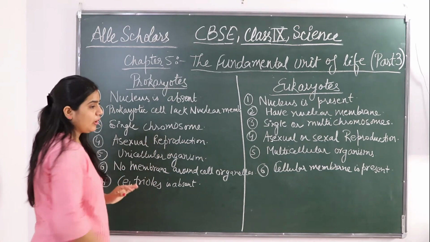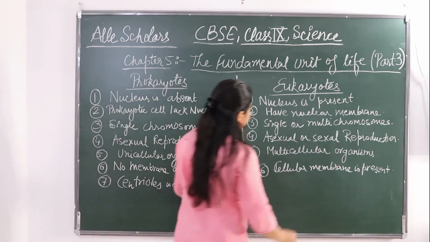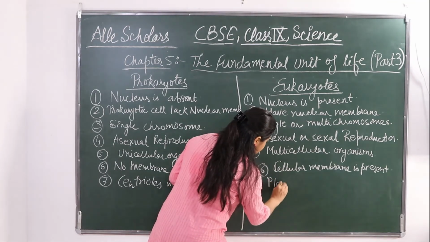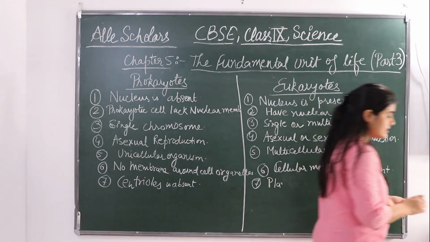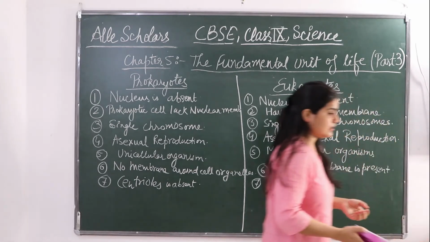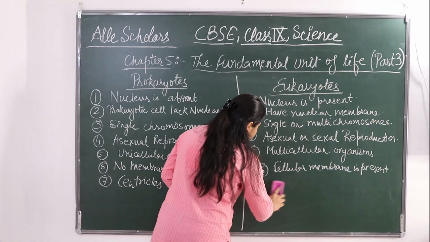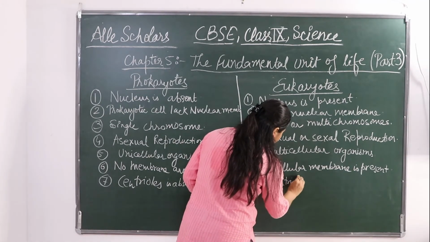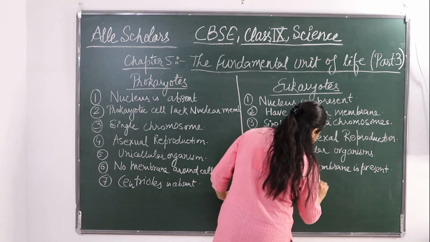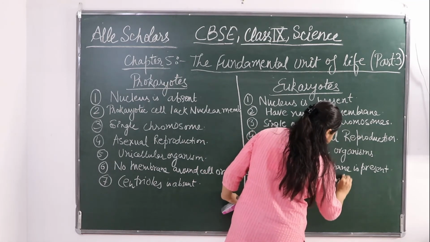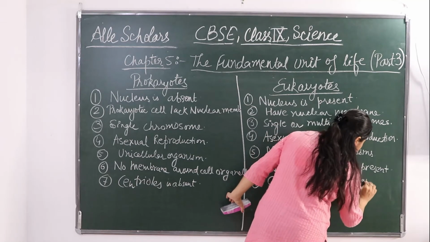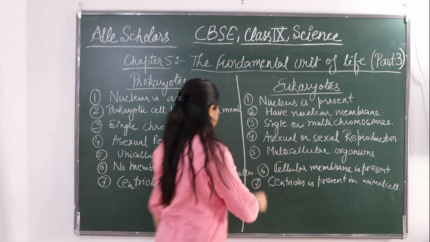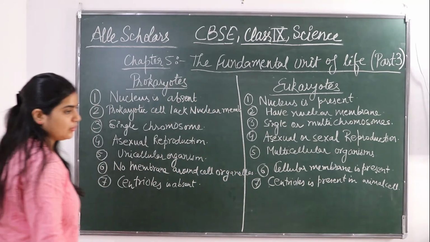But in eukaryotes, the centriole is present in animal cells, and this helps the cell to divide. Cell division is because of these centrioles.